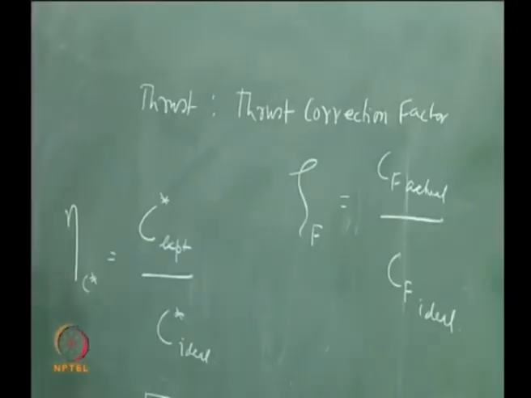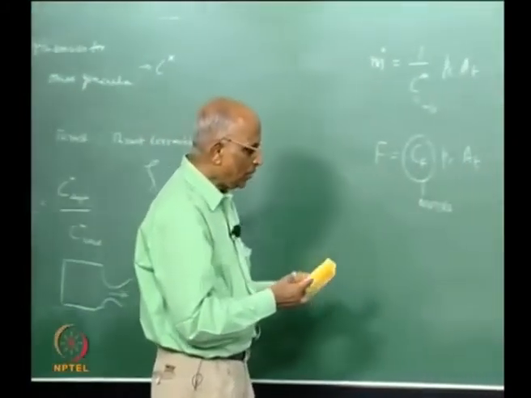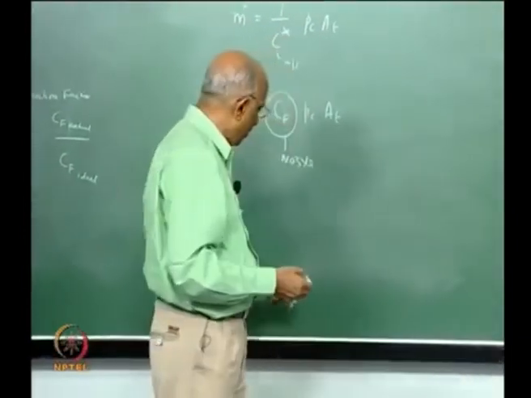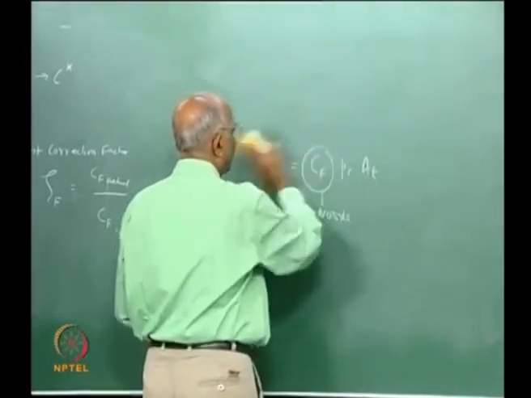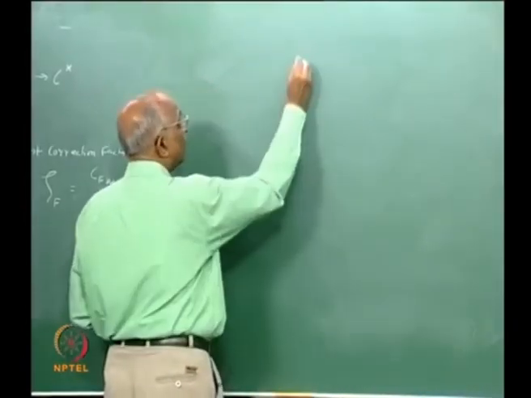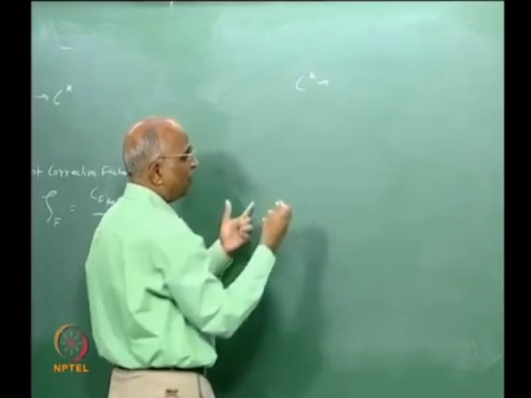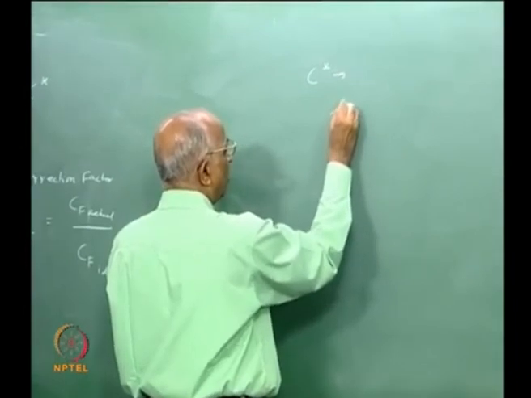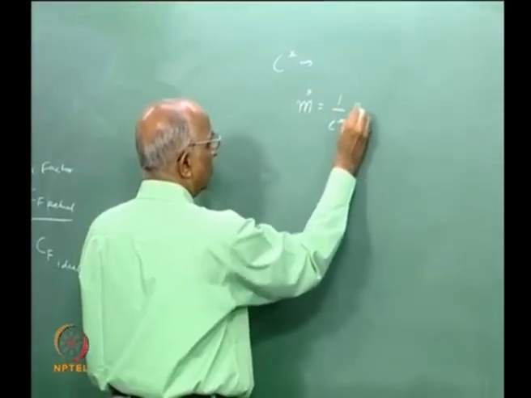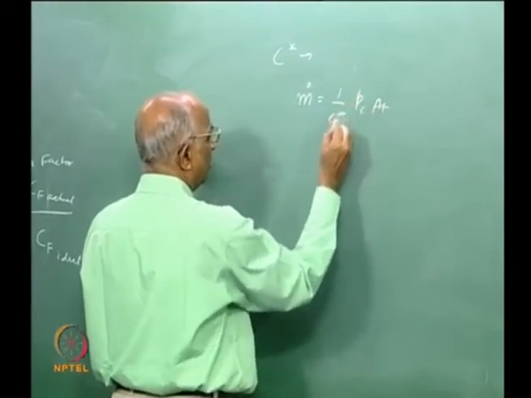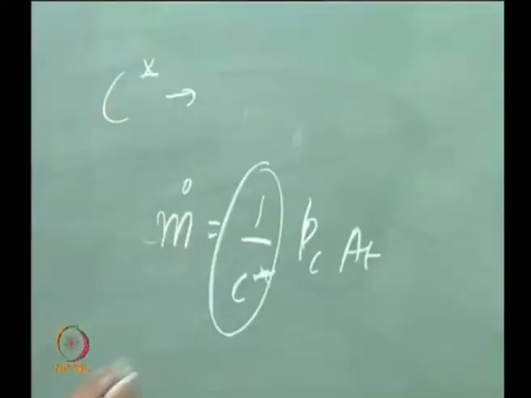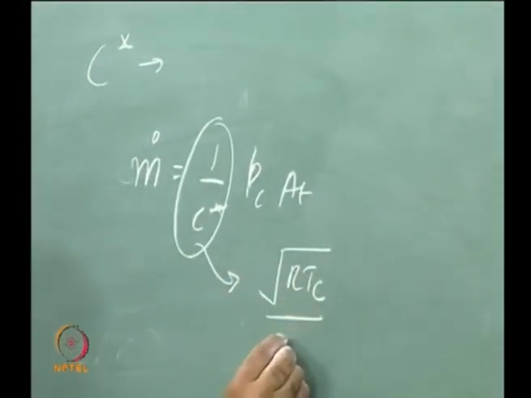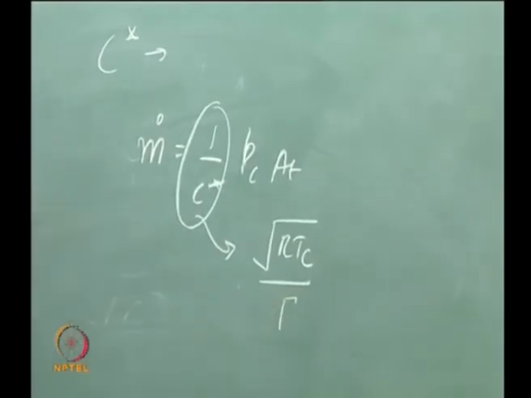Therefore, what we have done in today's class is we looked at the high temperature and high pressure gases generated by the propellant. We expressed it in terms of C star. That means C star tells you what is the rate at which hot gases get generated from the propellant, and therefore we wrote it as m dot is equal to 1 over C star into Pc At, where Pc is the chamber pressure. We called it a transfer function, and the expression for this was extremely simple, equal to root of R Tc by the particular value of gamma.